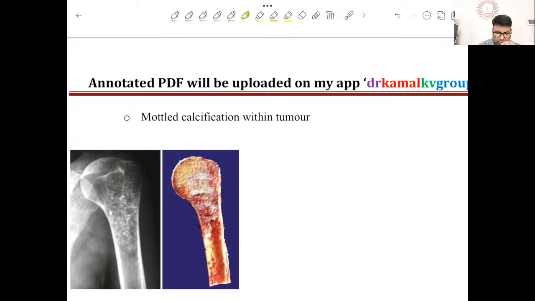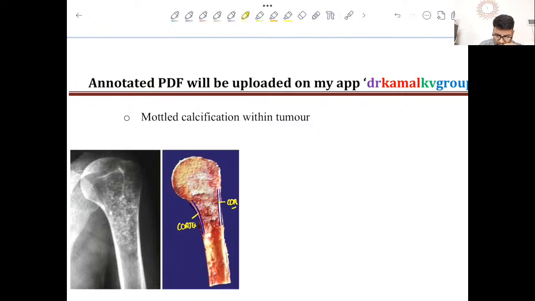I think the word medullary cavity must be clear to everyone by now. Outside is the cortex. This is all cortex. This is also cortex. And inside is all medullary cavity.